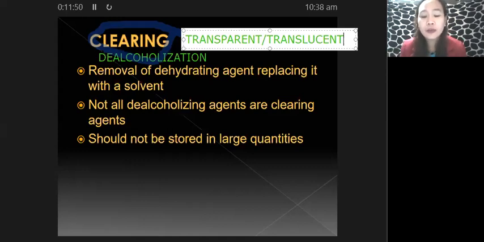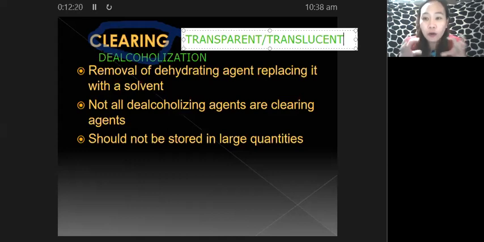They have a characteristic opacity in them. So in order for us to allow the visible light, or the beam of light that is needed in order for us to perform light microscopy, you have to remove or overcome the opacity that is present in your tissue samples.